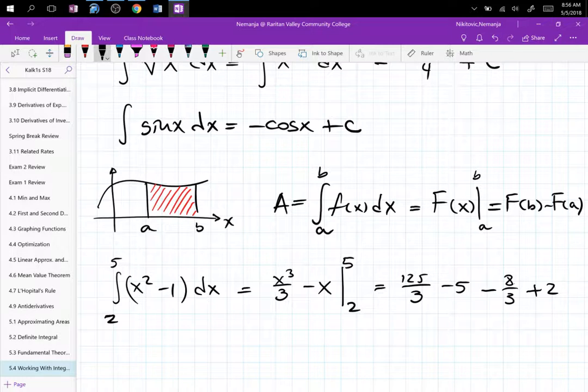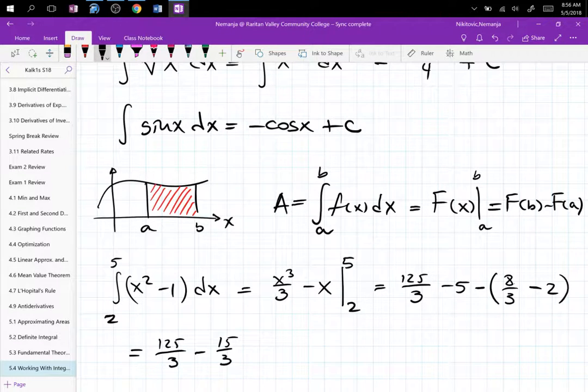Maybe I should, you know what, let me do this another way. So now I have 125 over 3 minus 5, I'll put 15 over 3, minus 8 over 3, and then plus 6 over 3.